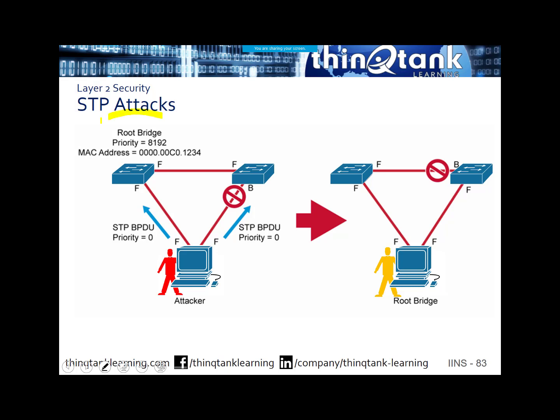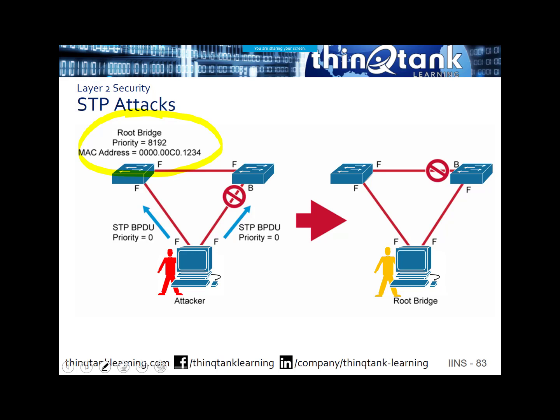The root bridge is elected based on priority and MAC address. This is data transmitted within the BPDU, and the lowest value wins. So if one switch is advertising a priority of 8192, and another is advertising a priority of 4096, the switch with the lowest priority is going to become the root.